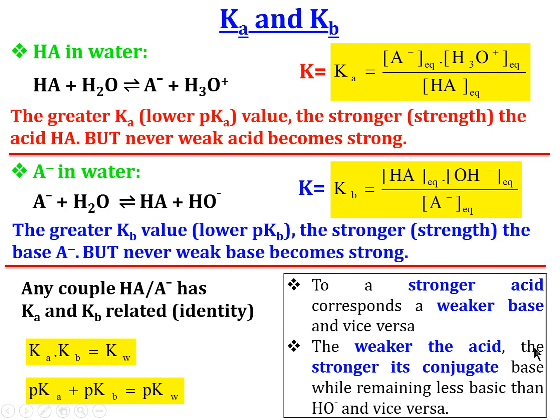The weaker the acid, the stronger its conjugate base, while remaining less basic than OH minus, and vice versa. In other words, if you have two couples, HA/A minus and HB/B minus, if HA is a stronger acid than HB, that means B minus is a stronger base than A minus.